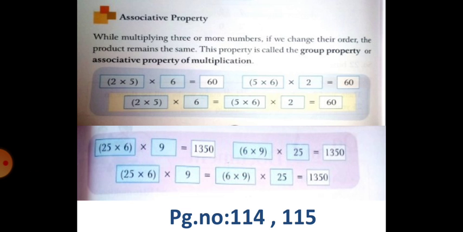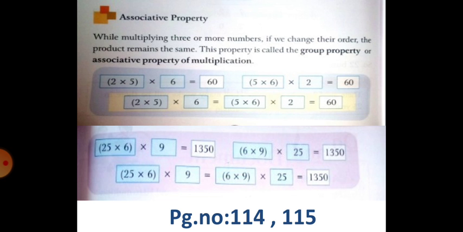Here also we are changing the order, but the answer remains the same. So 2 into 5 into 6 equals 5 into 6 into 2 equals 60.